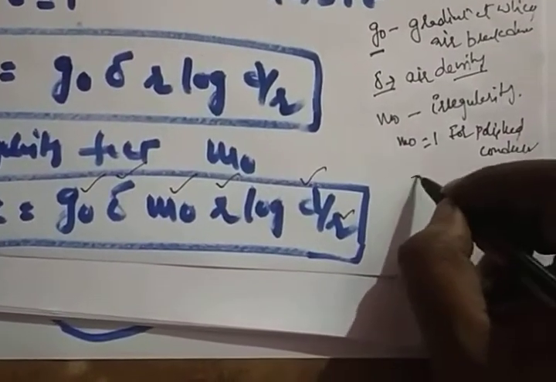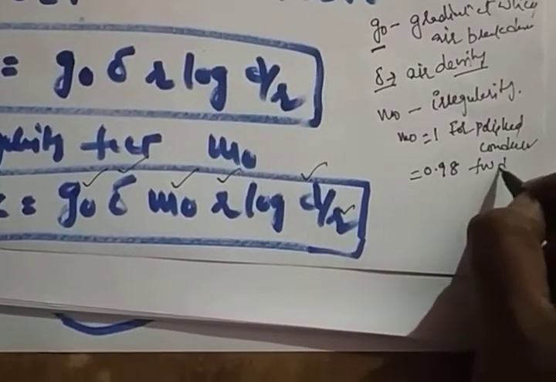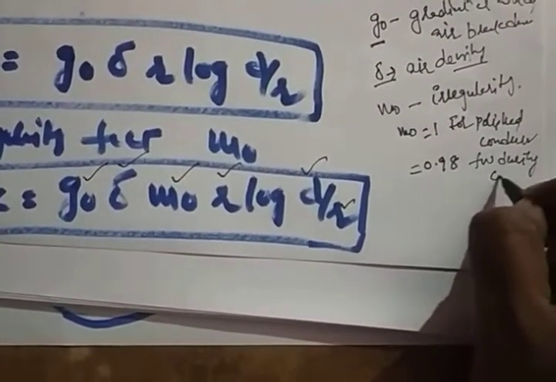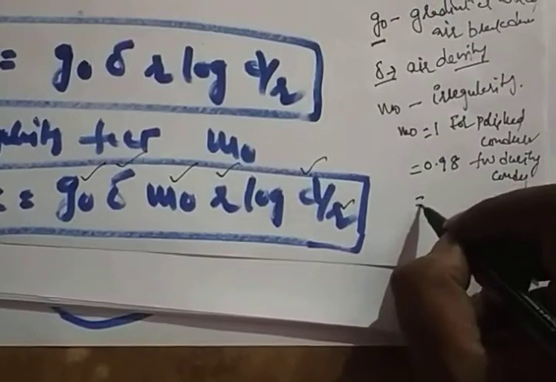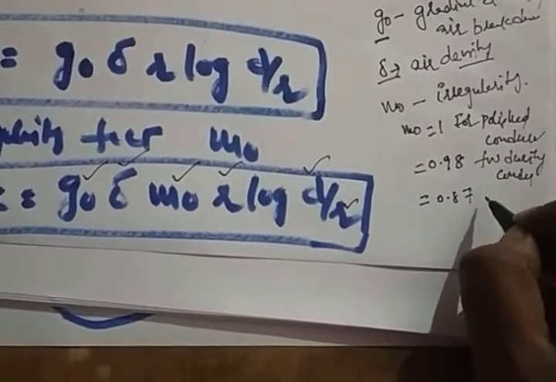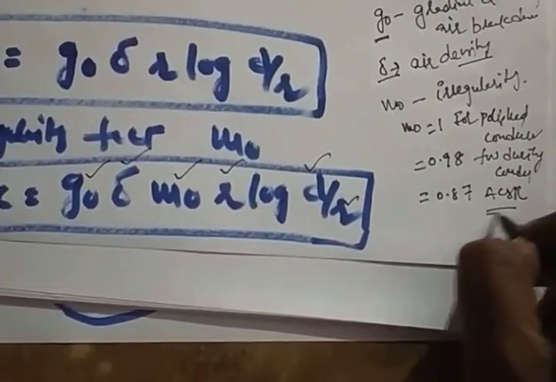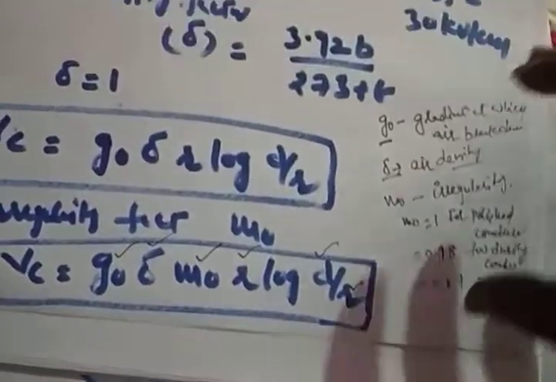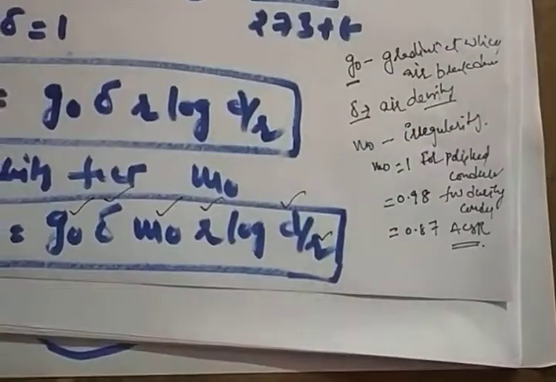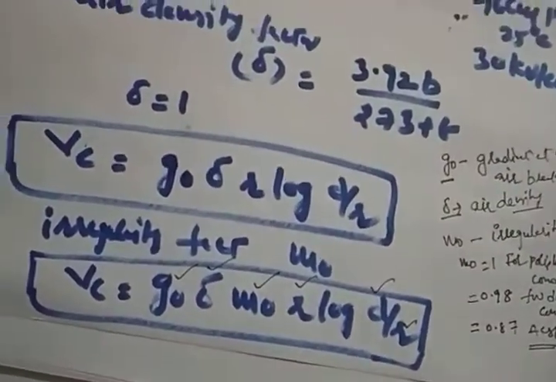That is equal to 0.98 for dirty conductors. That is equal to 0.87 for ACSR conductors. So in this way you are going to choose your irregularity factor. I hope it's clear. I just want to explain one more time.